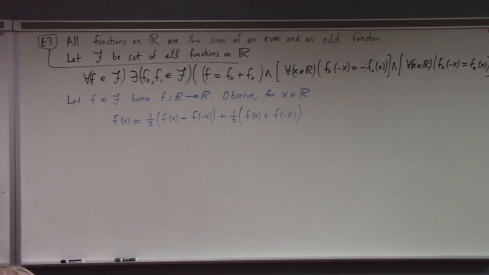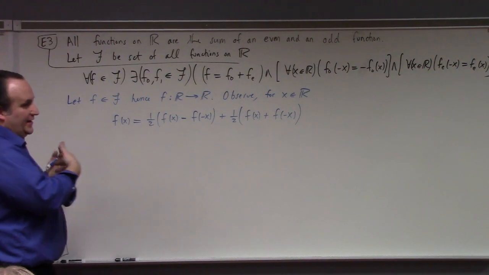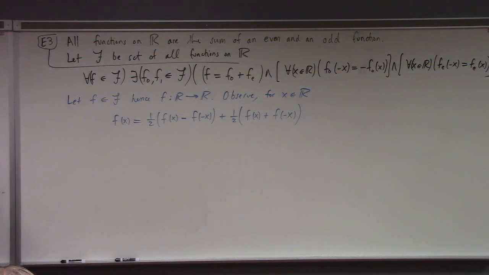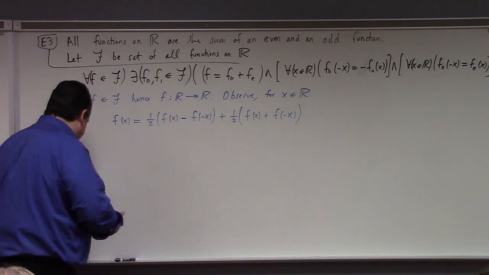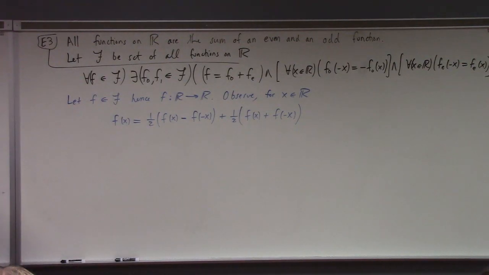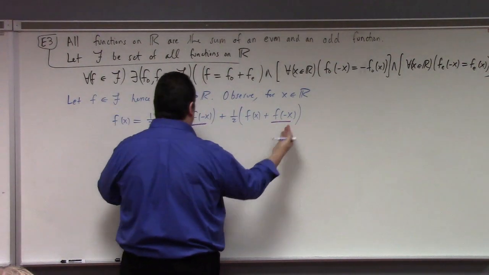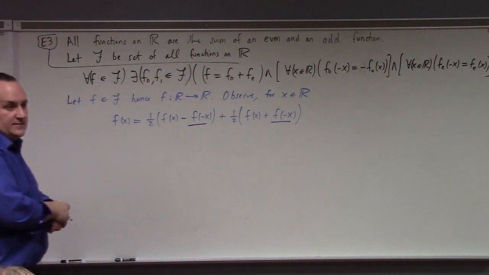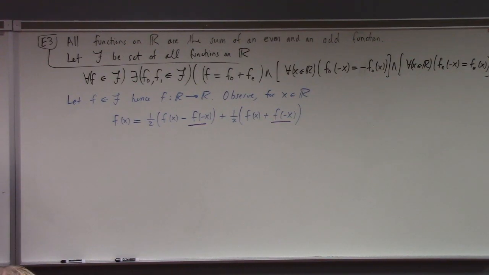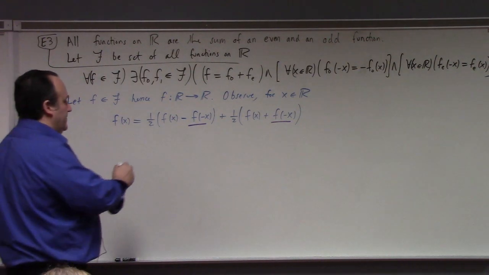Anyway, this makes sense because x and minus x are both in the domain, because the domain's all real numbers, so it's symmetric about the origin. And what am I doing? Like what's going on here? This and this, when you put these together, what do you got? It's just 0, right? So we've added 0 there, and we've also used that 1 is 1/2 plus 1/2. So this is an identity, all right?